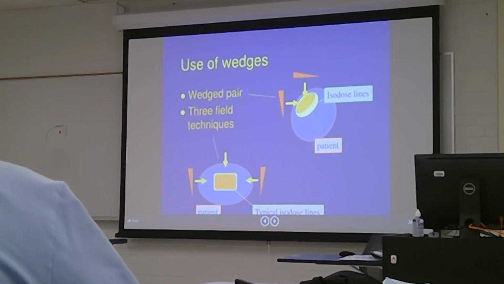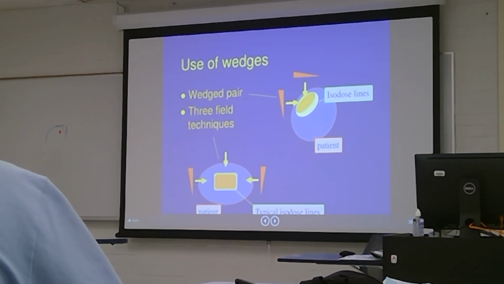Okay. So which way would the wedges be? The lateral would have to heel at the top. Or thick end at the top, okay?